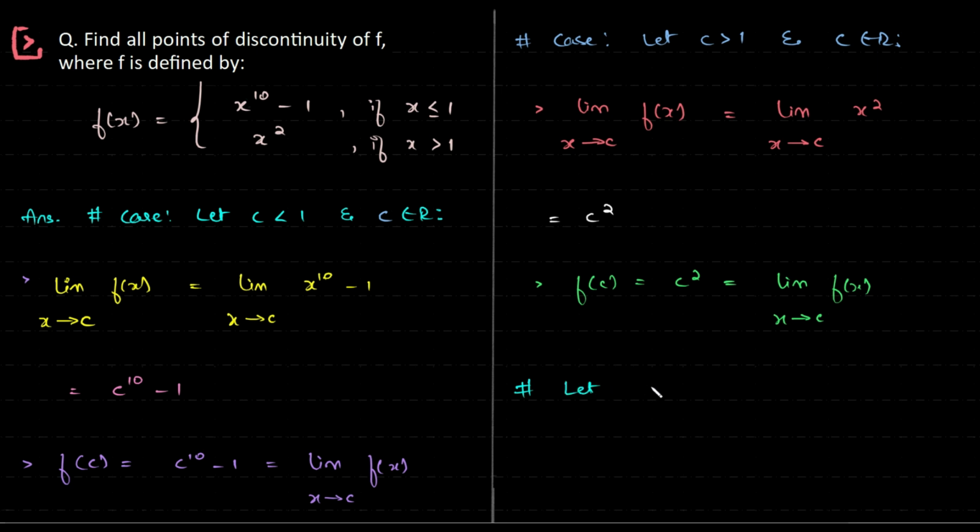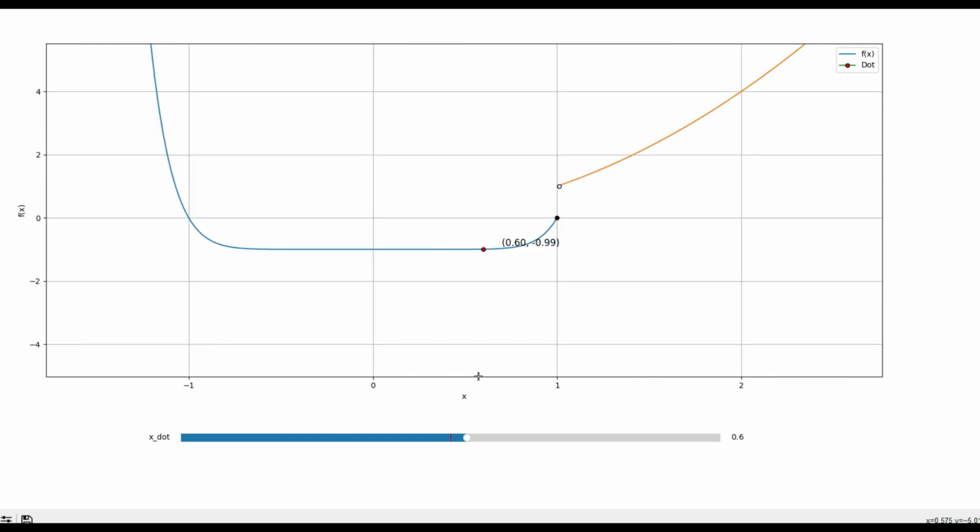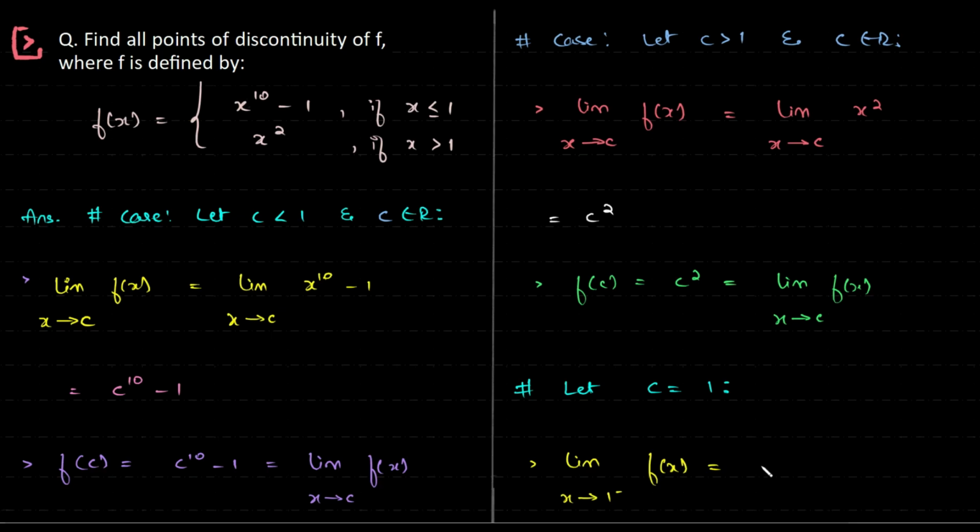Now c is equal to 1. So we have to consider different cases. Limit x tending towards 1 from the left hand side. So that would go with this behavior. As you can see over here, on the left hand side we have this particular expression. So we have limit x to the power of 10 minus 1 as x approaches 1.